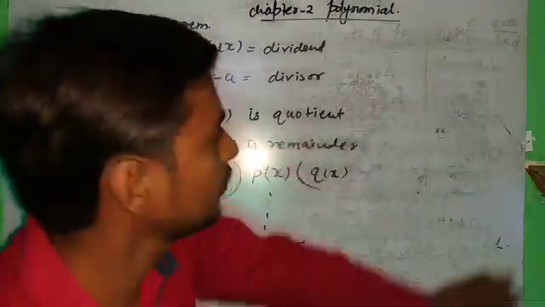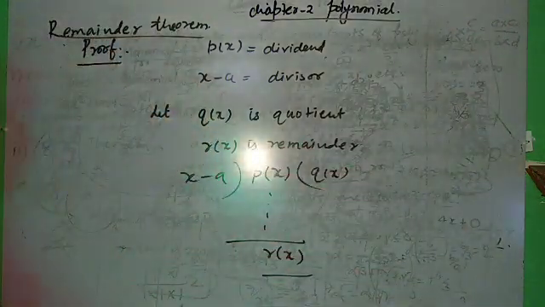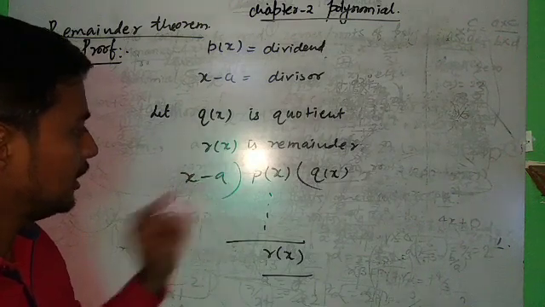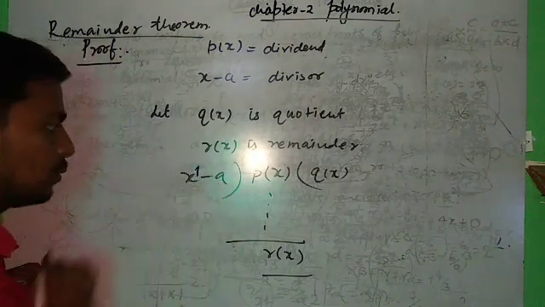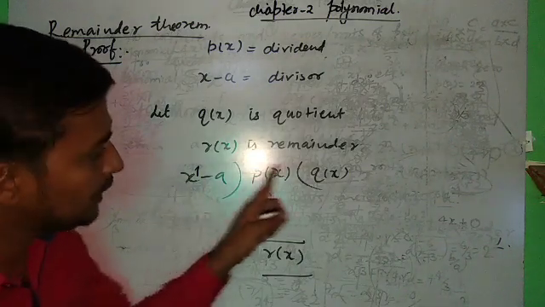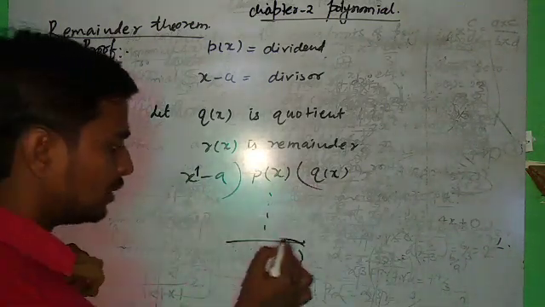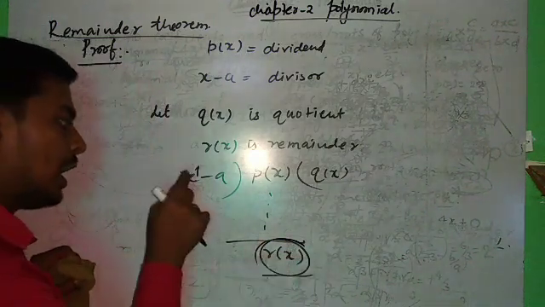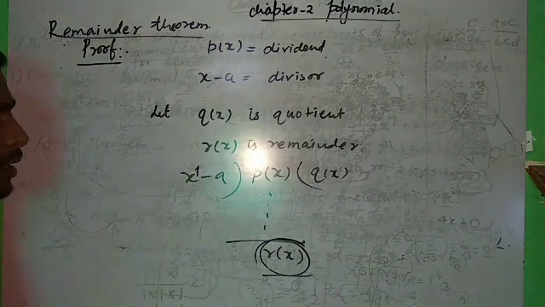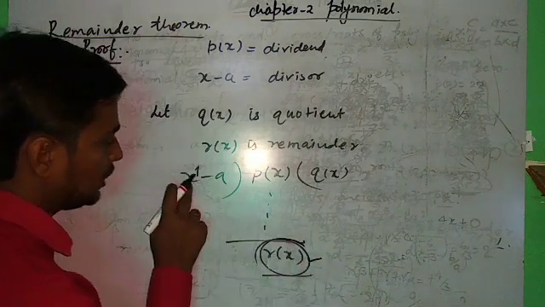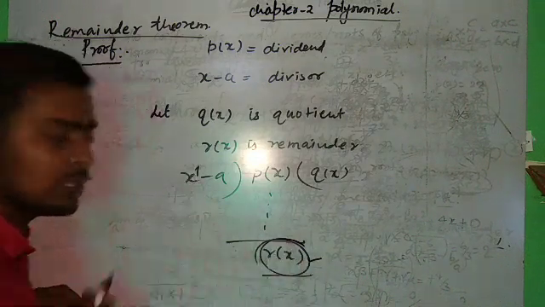Now come to our rule. This is a linear polynomial, the degree is 1. When we divide by it, the remainder should always have degree less than the degree of this divisor, because if the degree of the remainder is equal to it, then division is possible once again.